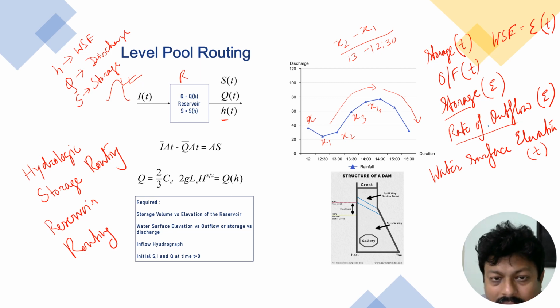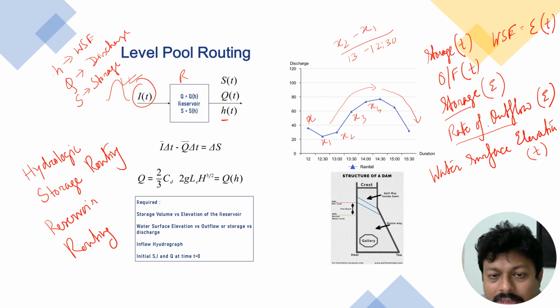Now this Q and S both are a function of H, that means the water surface elevation. But water surface elevation is actually a function of time, because it depends on this incoming hydrograph, this incoming flow, which changes with time. So the rate of change of water surface elevation is also based on time.